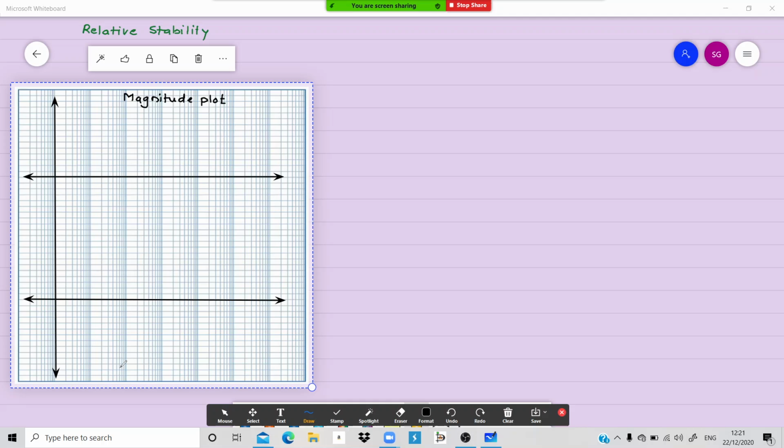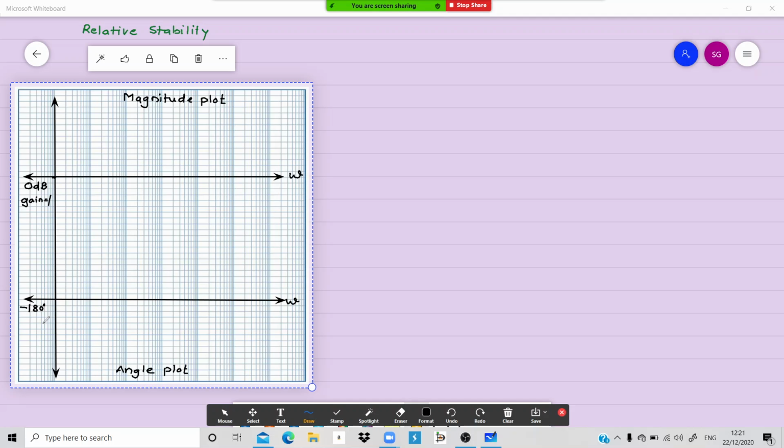Let us say this is omega, on the log scale. This is 0 dB. This point is of 0 dB. 0 dB means gain 1. Log of 1 is 0, right? And this line is of 180 degrees.